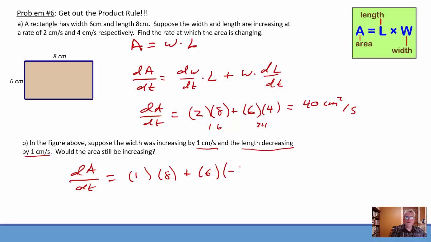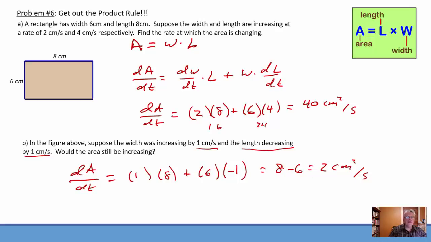So its derivative is negative 1 because it's decreasing. Okay, that's the first time this has happened in the problems we're doing, but something's decreasing, so the derivative is negative. All right, so it'll be 8 minus 6, which is 2. So at this instant of time, the area would still be increasing by 2 centimeters squared per second.